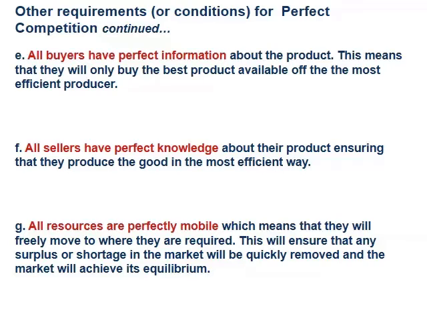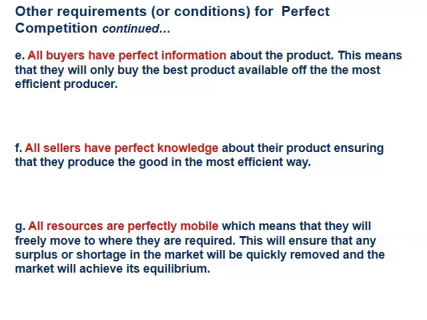None of us could really say that when we've purchased something that we know all about that product, about the best place to buy it, etc. But in perfect competition, that is assumed to be true. Sellers also have perfect knowledge about their product, ensuring that they'll produce it in the most efficient way. Therefore, average costs will be lower, and that will guarantee or ensure that prices will be as low as possible.